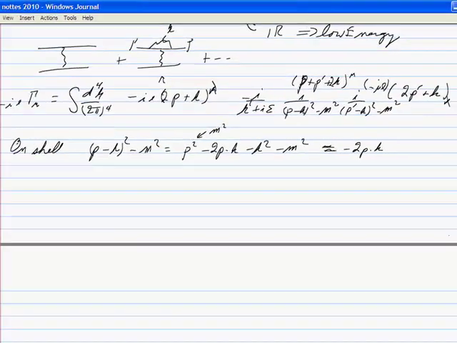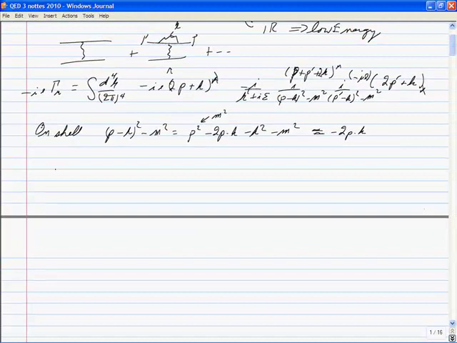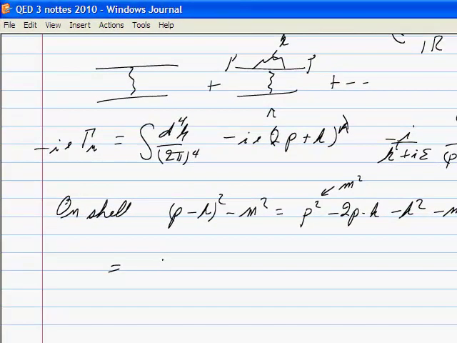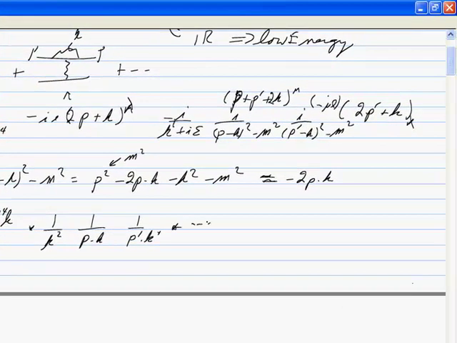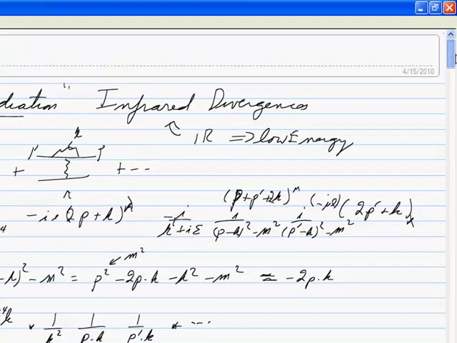And so the gamma mu then has things in it, has integral d4k. There's a 1 over k squared from the photon propagator. There's a 1 over p dot k and a 1 over p prime dot k times stuff, and the rest of the stuff is well behaved. Okay. So we're talking about infrared divergences down at low energies.